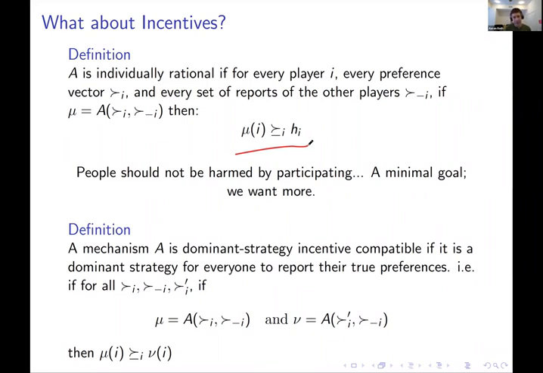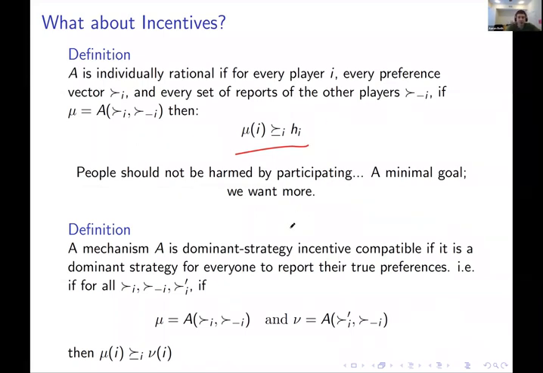And so if we can design a mechanism that's dominant strategy incentive compatible, we have really good reason to trust that the inputs represented to the mechanism really do reflect the true preferences in the market. Okay, so dominant strategy incentive compatibility just asks that in the game induced by the mechanism, truthful reporting is a dominant strategy.